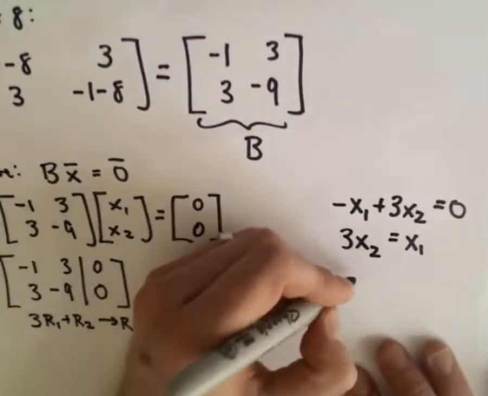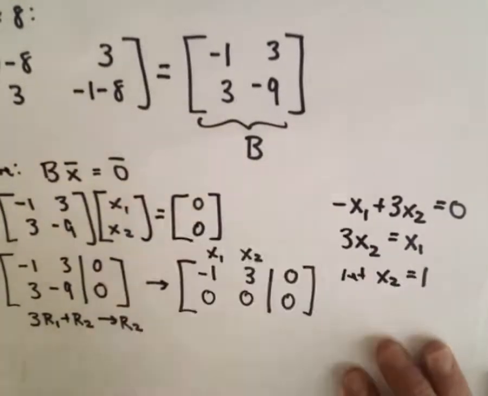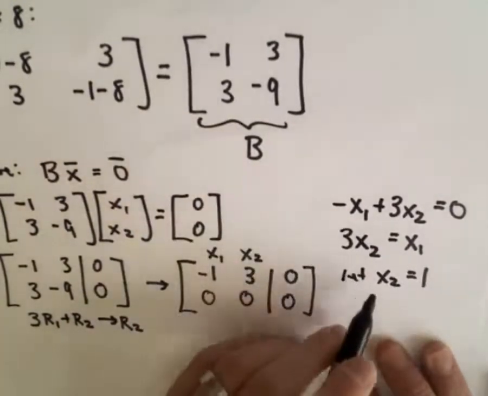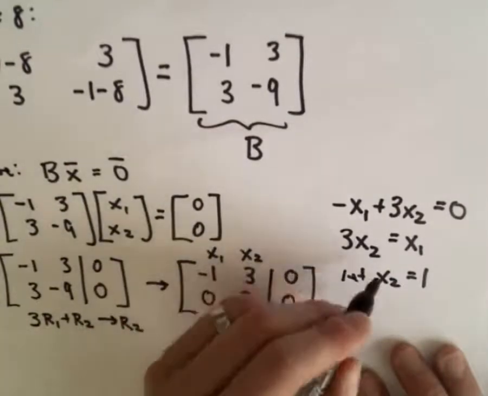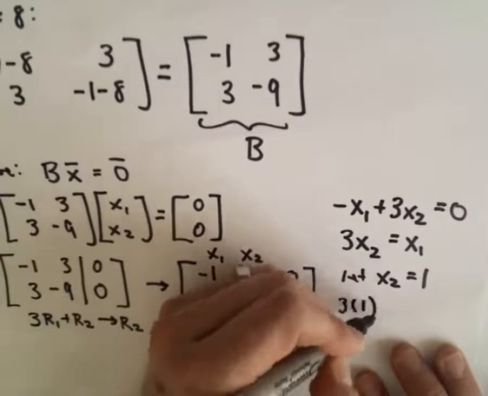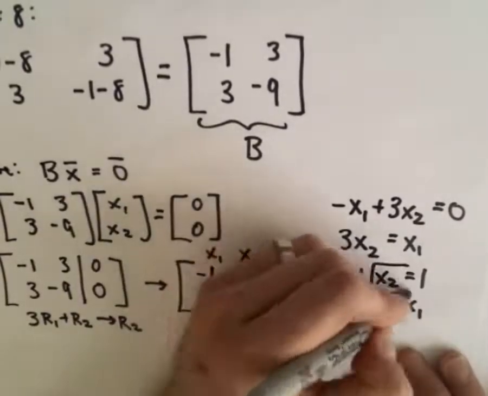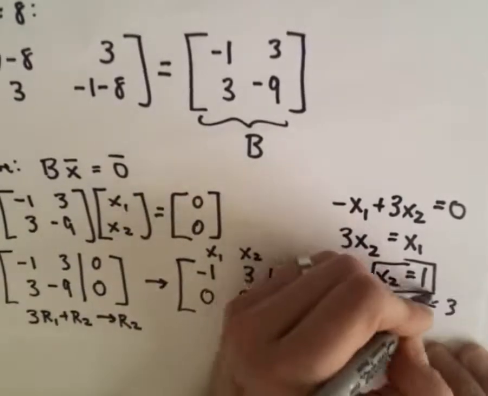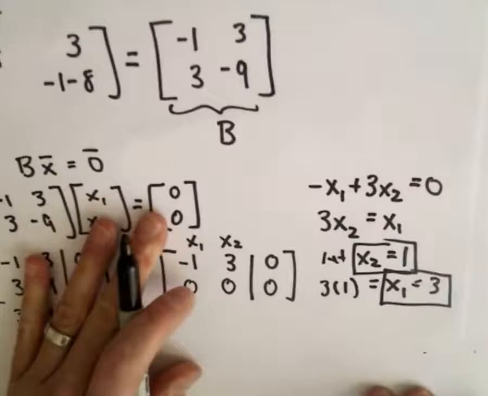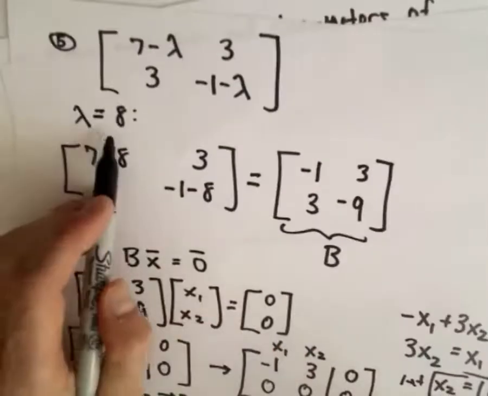The easiest ones to me, I'm going to let x sub 2 equal 1. If we let x sub 2 equal 1, then we'll have 3 times 1, which will give us our value for x sub 1. So x sub 1 is going to equal 3. That's going to be the eigenvector that corresponds to the eigenvalue of 8.